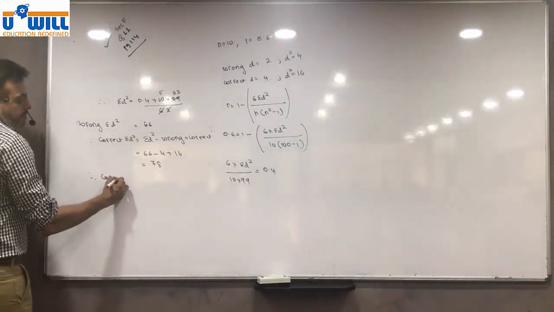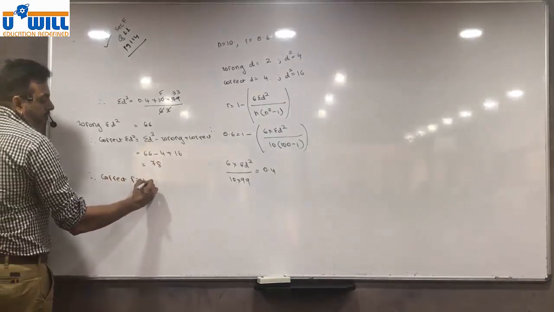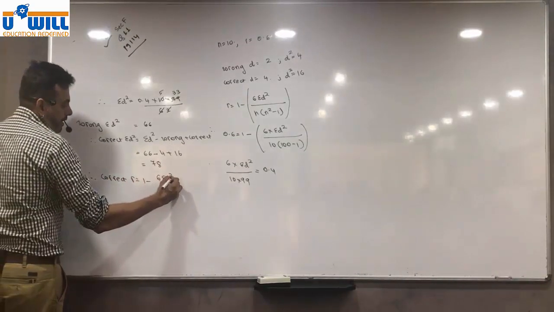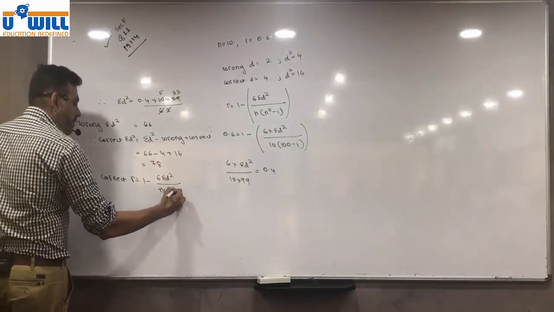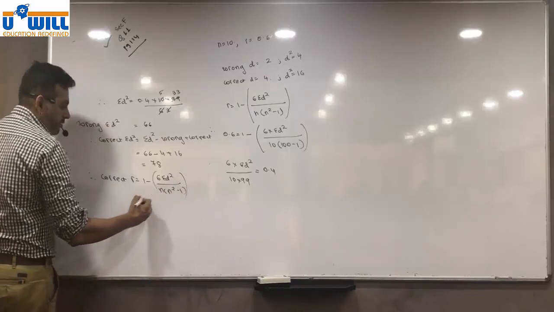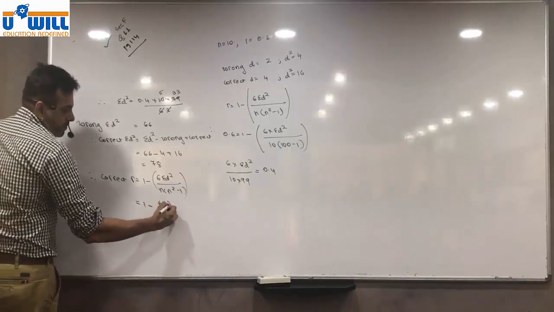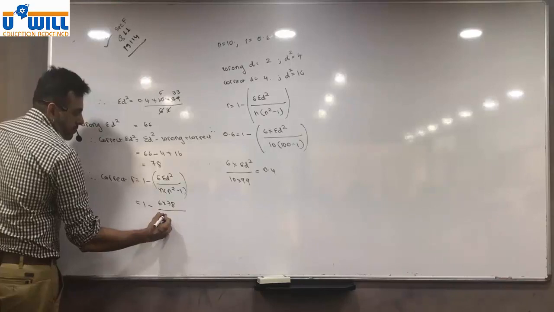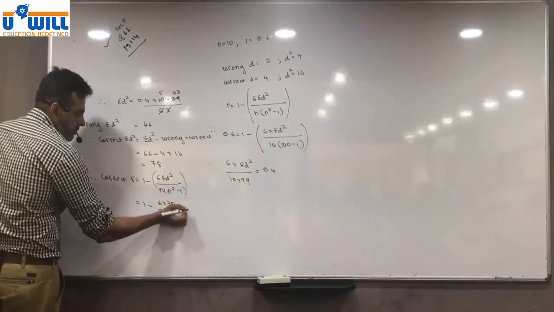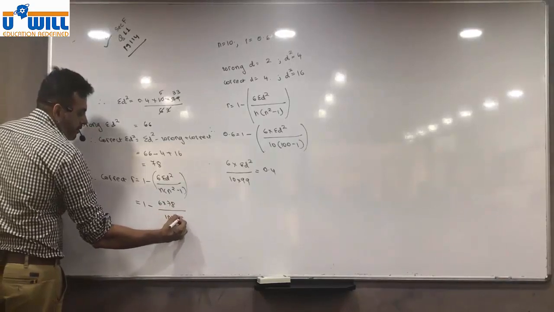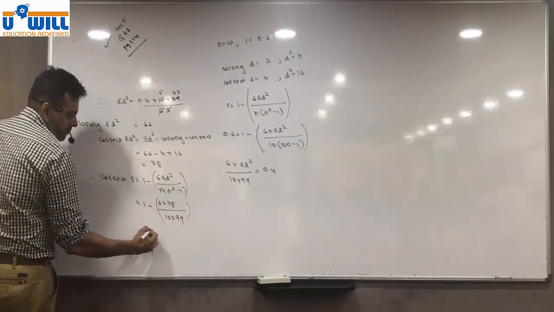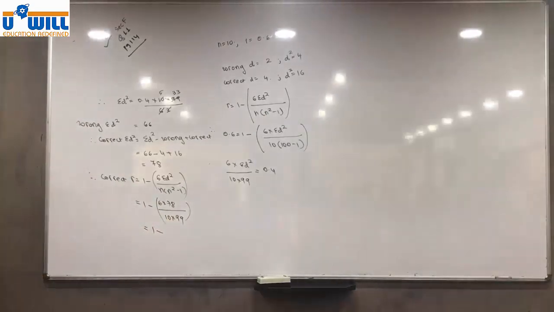Therefore correct R is equal to 1 minus 6 sigma D square upon n into n square minus 1, into 99. Solve it.